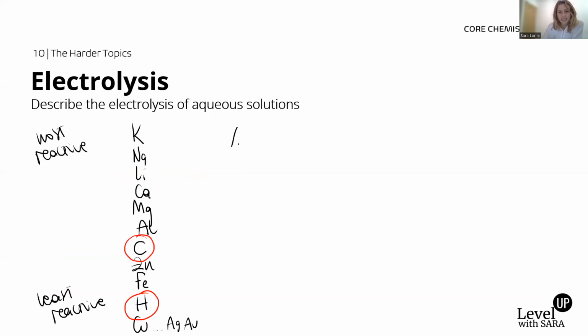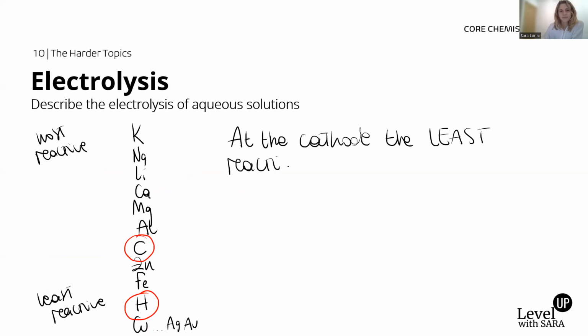The rule is that at the cathode, the least reactive cation is formed in its elemental form, of course.